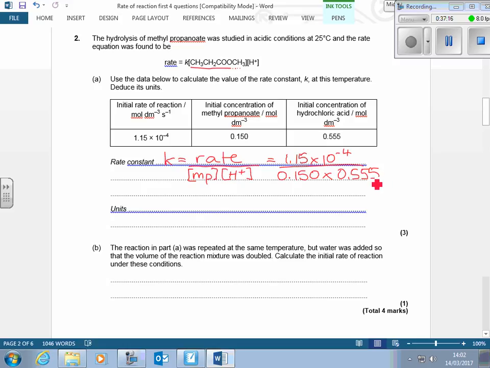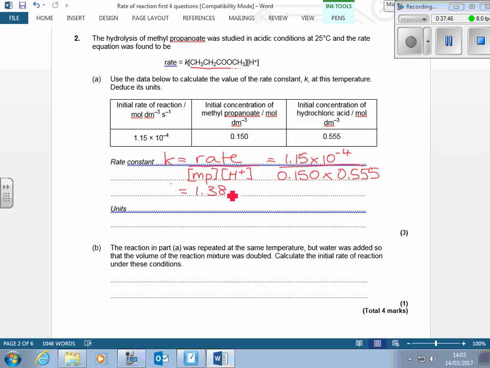Hopefully that comes out at, I appear to have done, oh, that's interesting. We've got a range of answers here. 1.38 to 1.4, it does depend on your rounding. So 1.38 would be accurate, so equals 1.38, and then they've given us a separate space for the units for this.